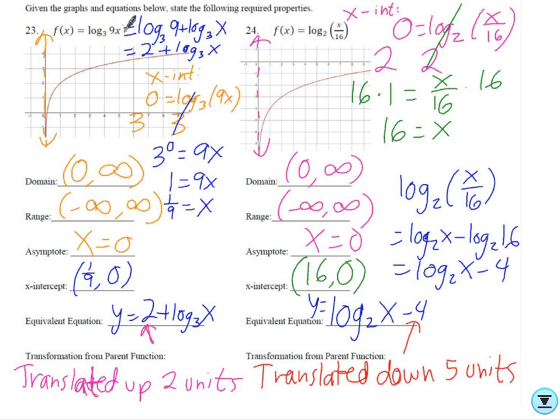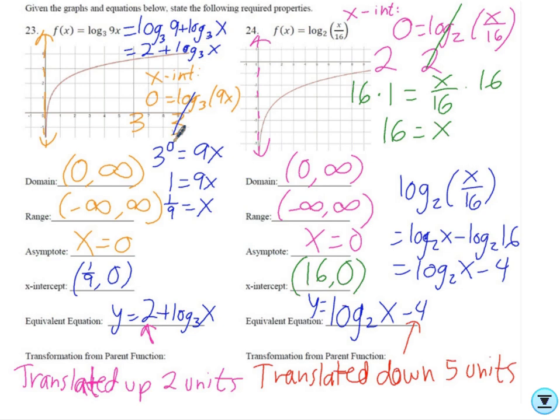What I did is I went ahead and set that original equation equal to 0, and I'm going to solve for x. So what I've been doing here, I've got 0 equals log base 3 of 9x, and then I know to get rid of this log base 3, because I'm trying to get to this 9x, this argument, I'm going to need to drop a base of 3 on each side. Okay, I'm going to exponentiate.